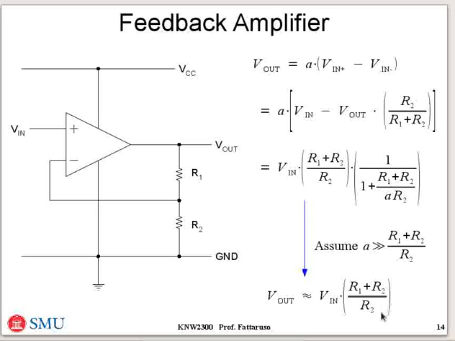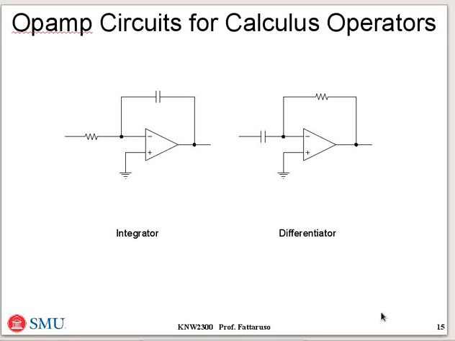I can't resist, however, in this video putting in one more slide just to show you how versatile and powerful these operational amplifiers are. It turns out you can play around with different sorts of components in the feedback loop and add some capacitors in addition to some resistors, and you can design circuit blocks that realize operators for integral and differential calculus.